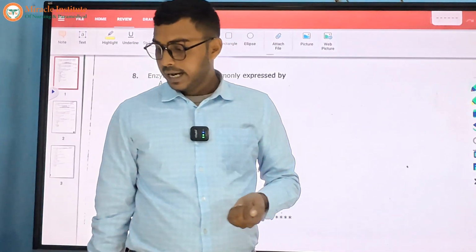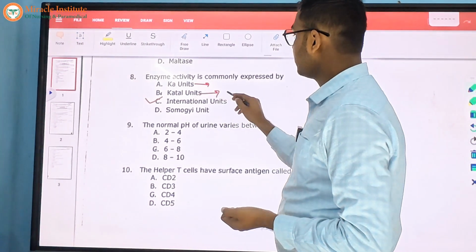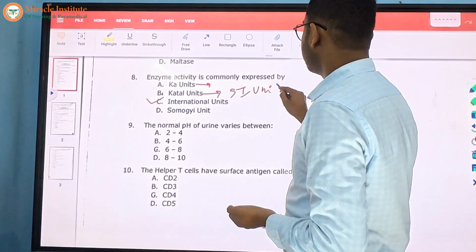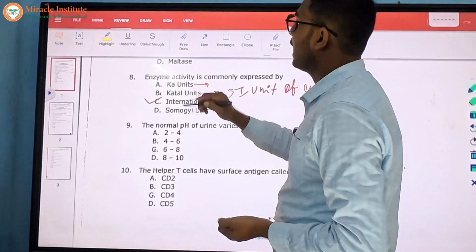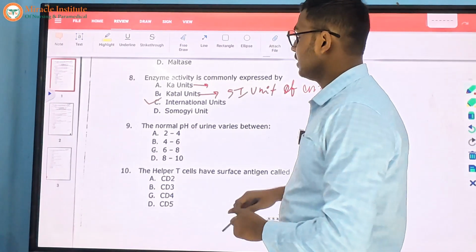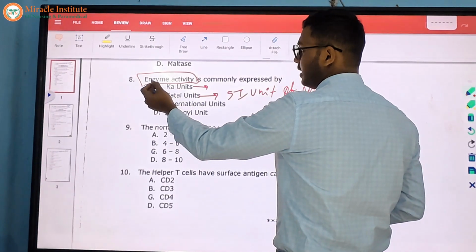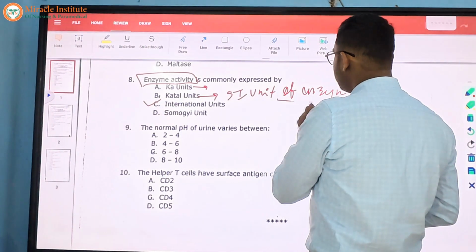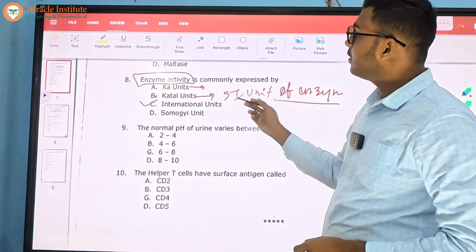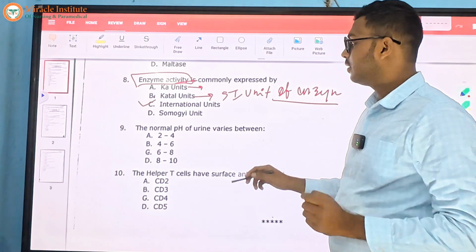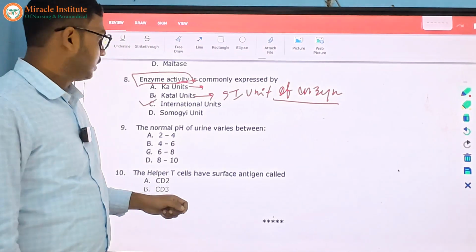If the question asks for the SI unit of enzyme, that is the katal unit. If the question asks about enzyme activity, these are different questions, and the answer is the international unit. That's all.